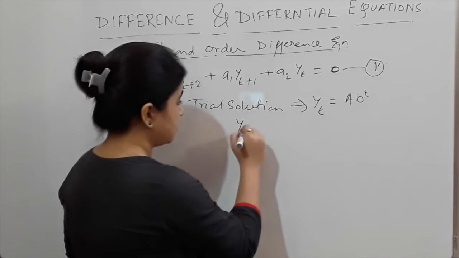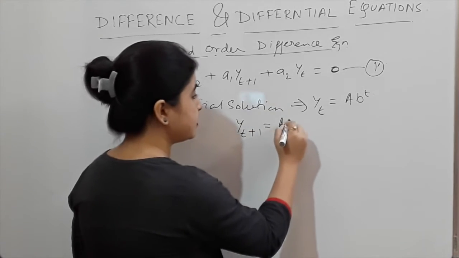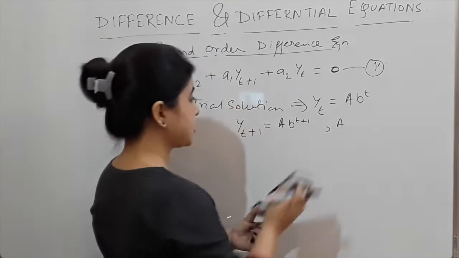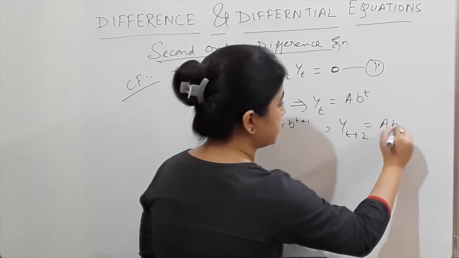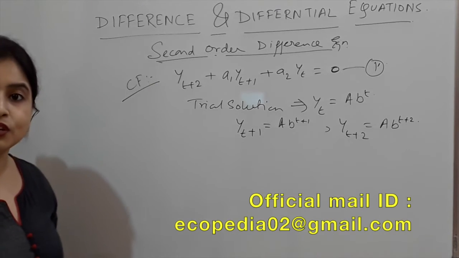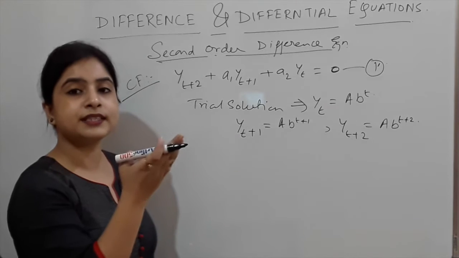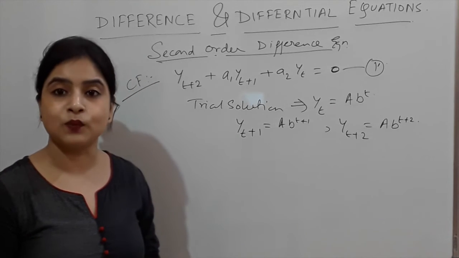Now, what will be the value of yt plus 1? It will be equal to a b to the power t plus 1, and similarly yt plus 2 will be equal to a b to the power t plus 2, right? So let's substitute these values of yt plus 1 and yt plus 2 in equation number 1 prime, and let's see what we obtain.